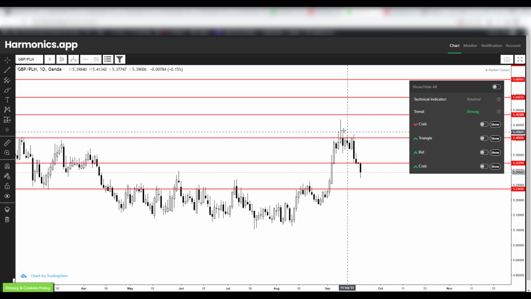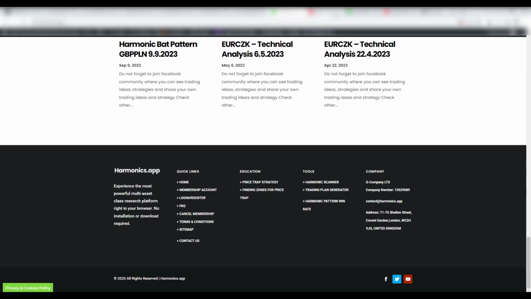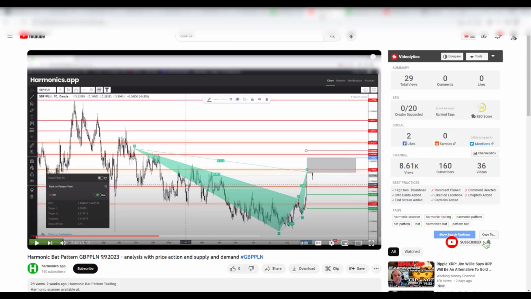The potential reversal zone was here, but it was also stretched up to here. You can see that the potential reversal zone was at 5.46, and the price reached 5.46 right where the scanner pointed. The first profit target is at 5.28.